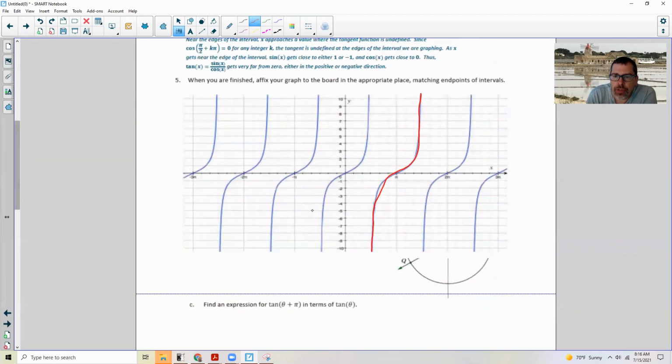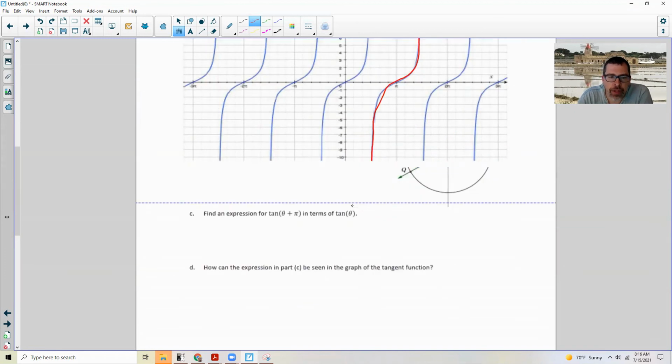Group 2 should have had this one. And there was how many groups? 1, 2, 3, 4, 5, 6, 7. I think there were 8 groups. Anyway, that's what they should have looked like. So this was group 2 and so on. So they all look the same. They're just shifted over by a distance of pi. So H would be pi. All right.